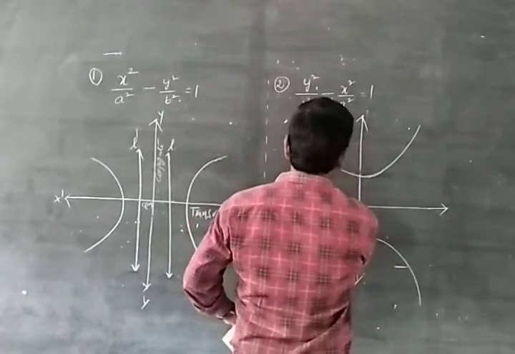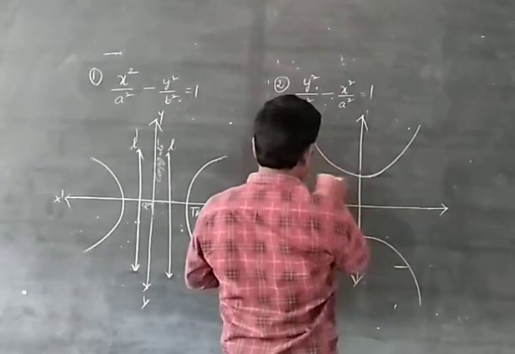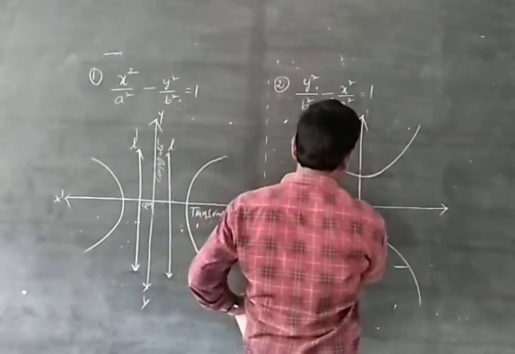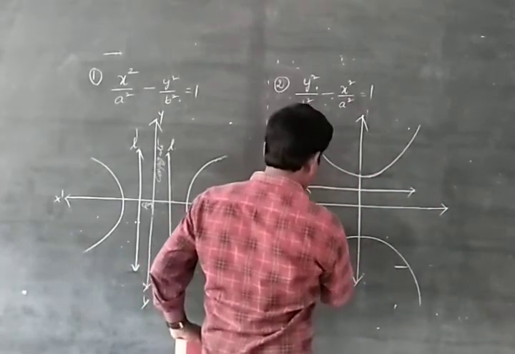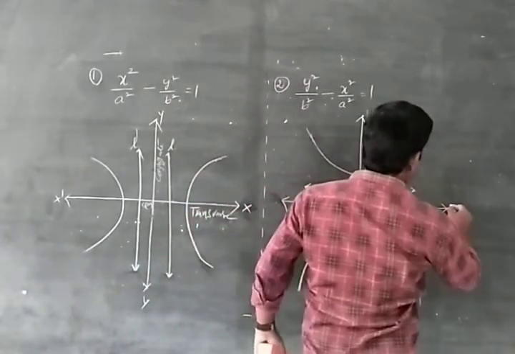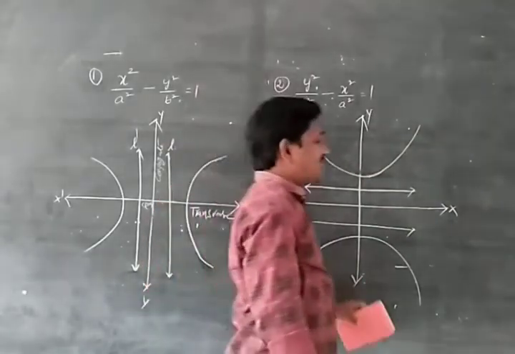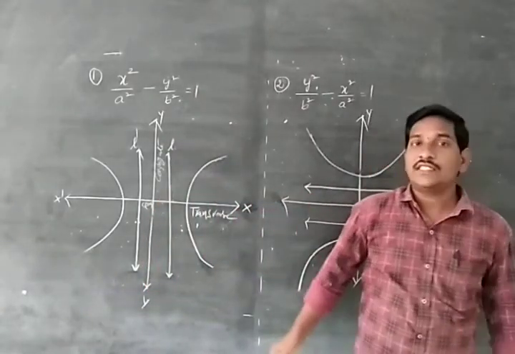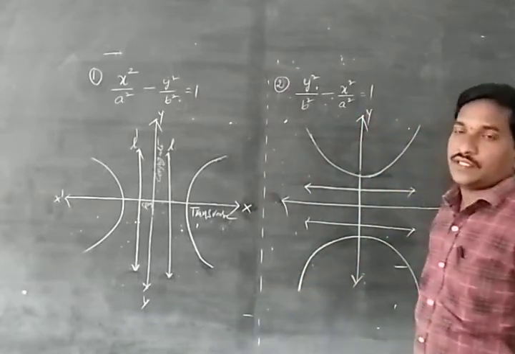This is x, this is y, but the x and y axes are respectively conjugate and transverse.